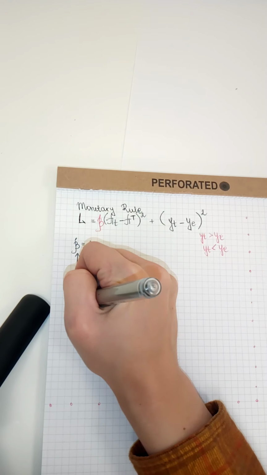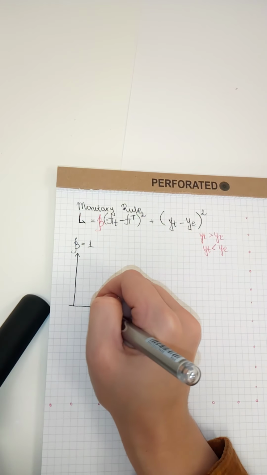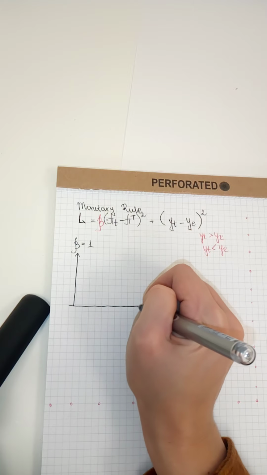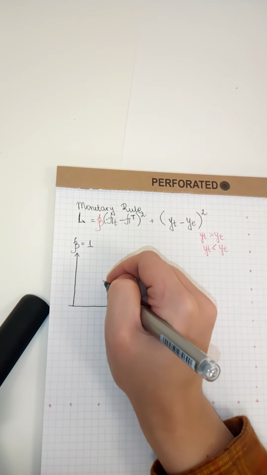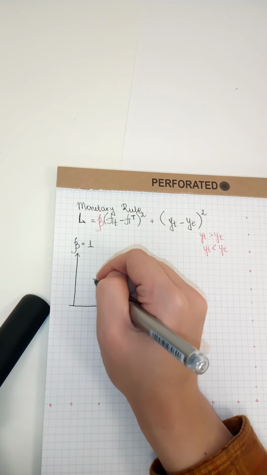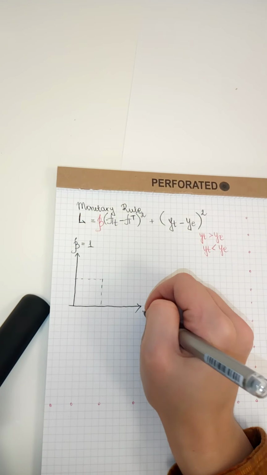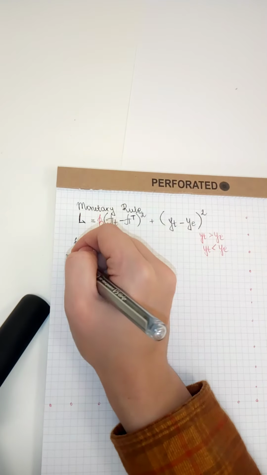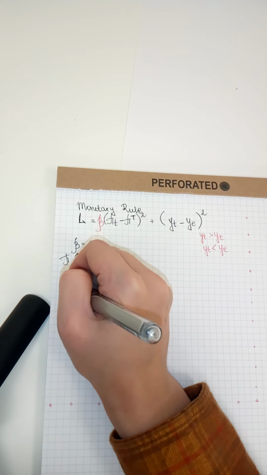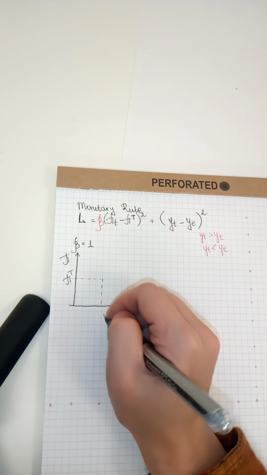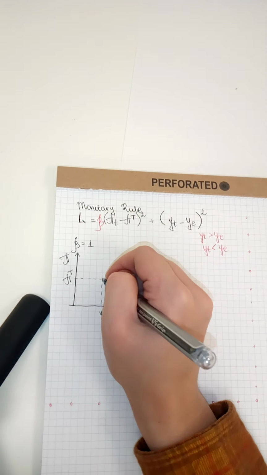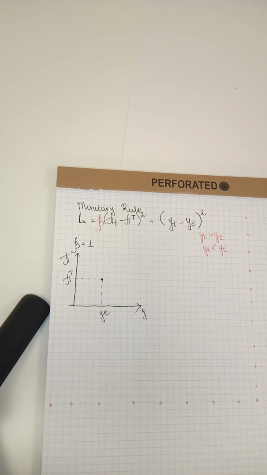So we depict this perfect situation of the central bank when inflation is equal to pi tau and output is equal to potential output. So this is the point at which losses of the central bank are equal to 0.